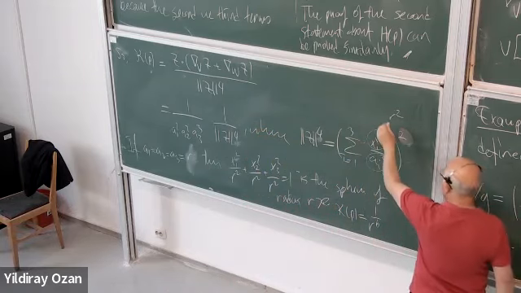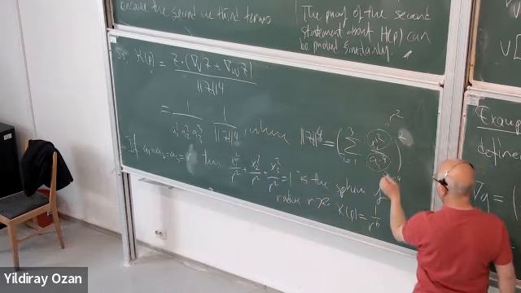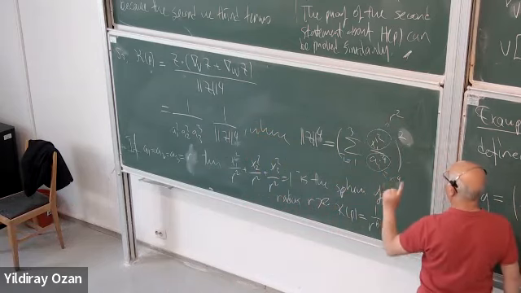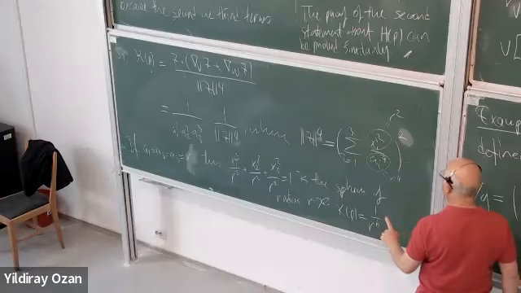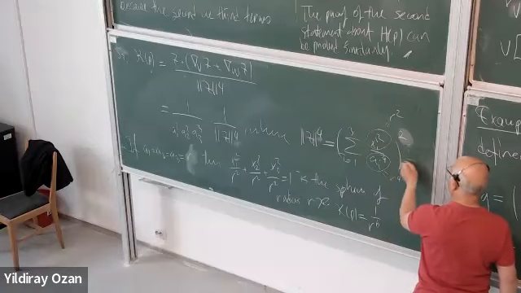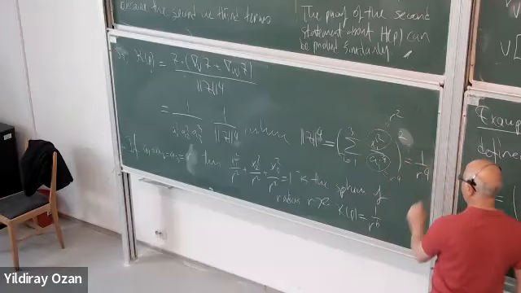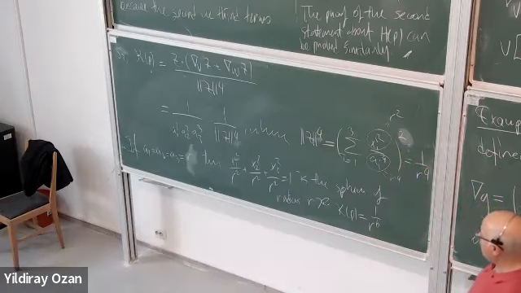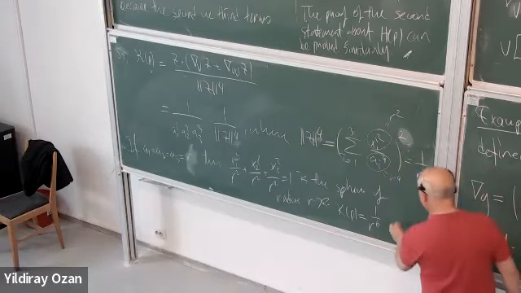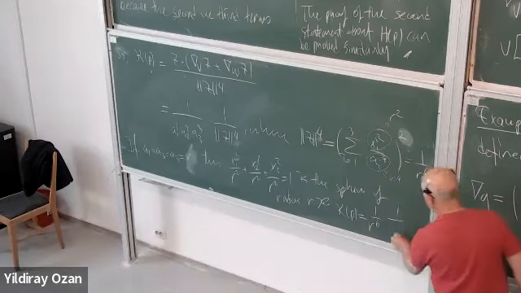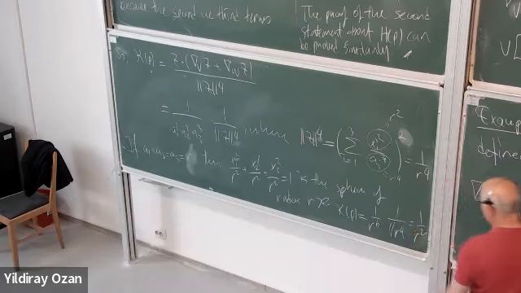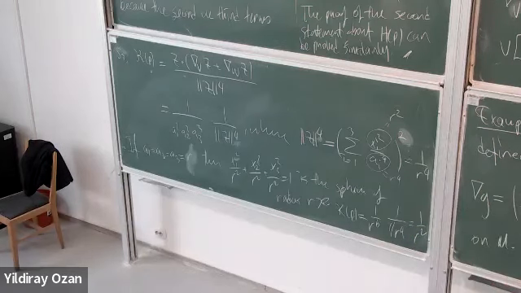So this is just r squared divided by r to the power 4, which is 1 over r squared. And then you take the square of this, so this becomes r to the power 4. And you divide this expression with this, 1 over r to the 4, so we get 1 over r squared. So the Gaussian curvature of a sphere of radius r is 1 over r squared.